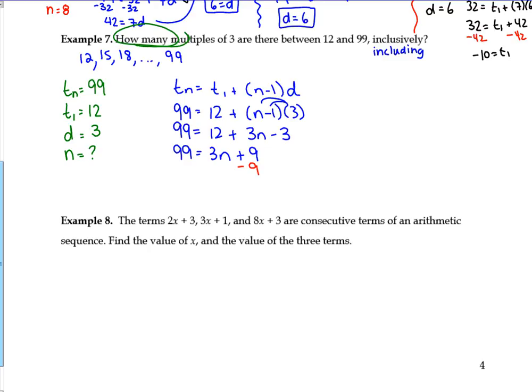So always move the constant first before we divide. Subtract 9. When we isolate a variable, you do the opposite of BEDMAS, so we have to subtract the 9 first. And then we divide by 3. That gives you 30 multiples.